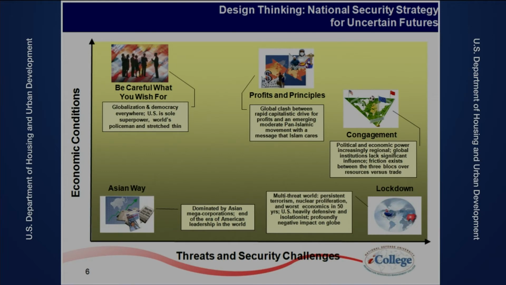From that set of 75 drivers, they began to focus on developing a planning space by creating 4 dimensions. And then within those dimensions, they picked a couple that they were interested in. So the senior leadership picked threats to and security challenges that the United States might face in the year, in this case, 2025, and the economic conditions of the United States in the year 2025.